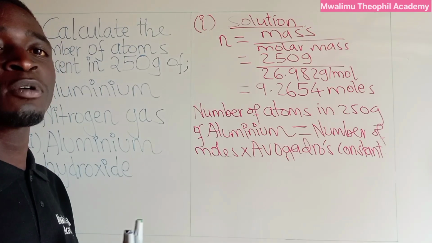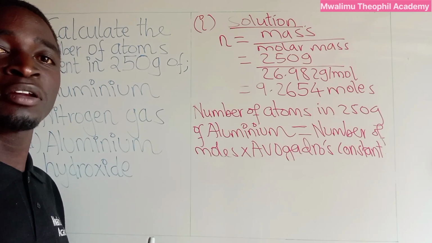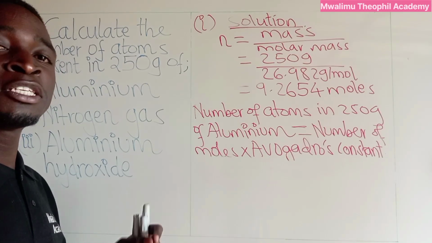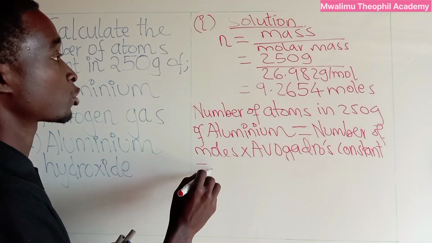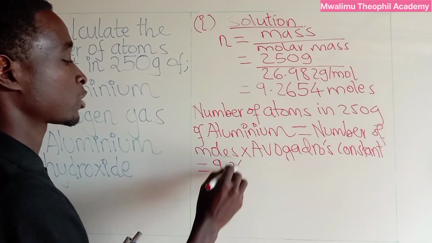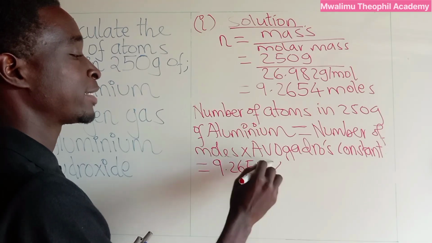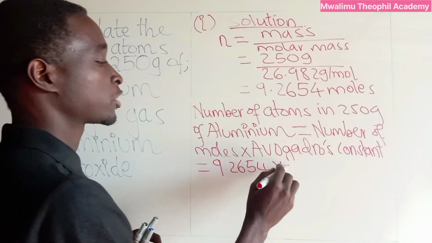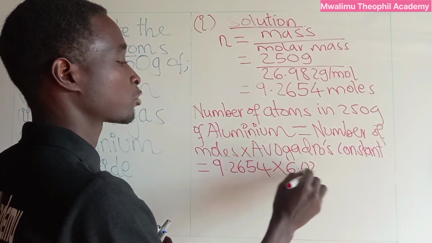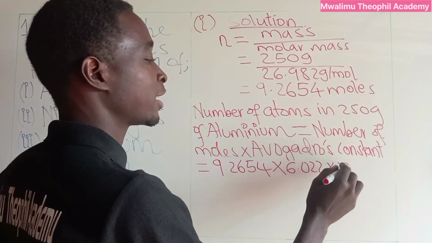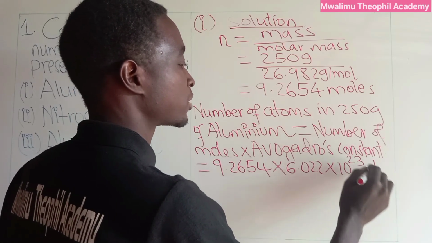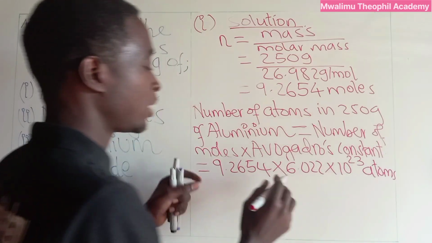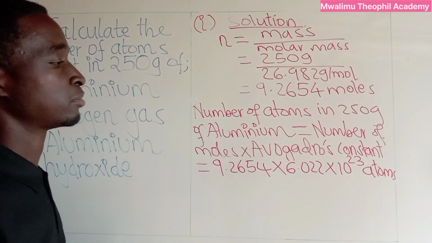So, the number of atoms present in 250 grams of aluminium is equal to the obtained number of moles, 9.2654, times Avogadro's constant, which is 6.022 times 10 raised to 23. These are the atoms.